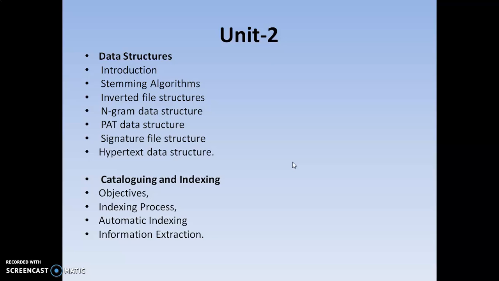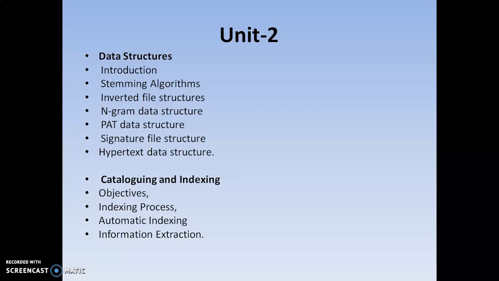Now coming to the cataloging and indexing subsection, we have the concepts: objectives, indexing process, automatic indexing, and finally information extraction. These are the topics to be covered under the 2 subsections of unit 2.